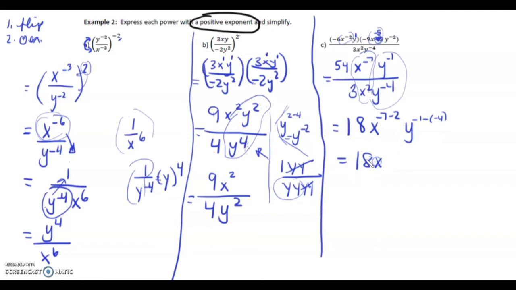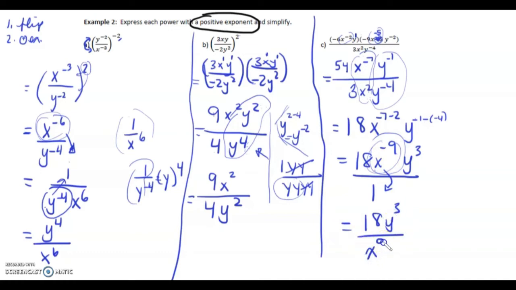So what we're left with is 18x to the -9, y to the -1 plus 4 is 3. We need to rewrite this x to the -9 as a positive exponent. So right now this is technically over 1. In order to do that, we just take that, throw it in the denominator, right? We flip it, and we write that as a positive exponent.